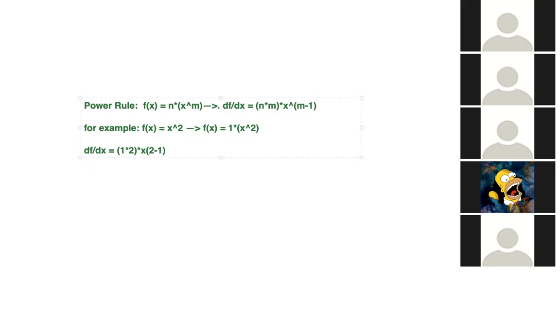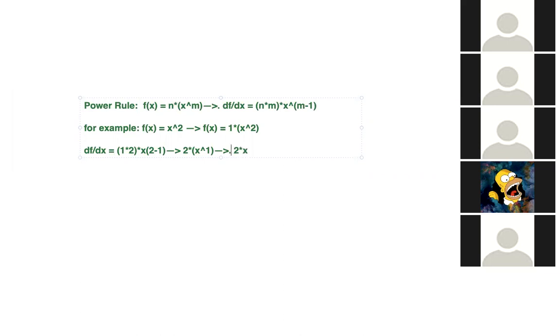And then I just go ahead and simplify things. And 1 times 2 is 2 times x to the 2 minus 1, which is x raised to the 1 power, right? And any number raised to the 1 power, you don't really need the exponent because that's implicit in the way that we write things. So this is 2x.